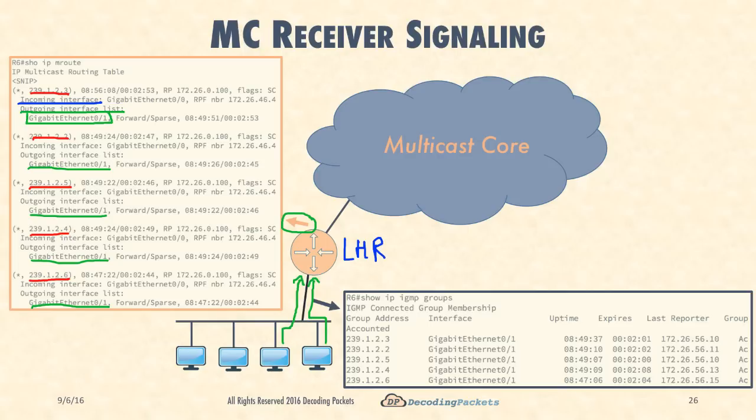And those groups in those IGMP messages then create a state on the last hop router. That state would be received on particular interfaces. So in this case, it's just a single interface. So assume that this is G01 because that's the only interface I have. So all of the IGMP messages for these groups have been received on this interface.